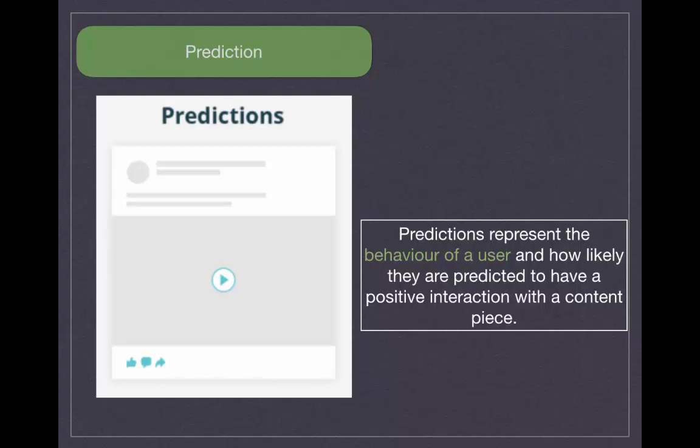Third point is the prediction. Facebook also predicts user behavior, that is, how likely they are to have a positive interaction with your content. Facebook tries to predict this. How is Facebook predicting? Suppose you are a digital marketer or you are inclined to learn digital marketing, so you might be interacting with a lot of content related to digital marketing, right?